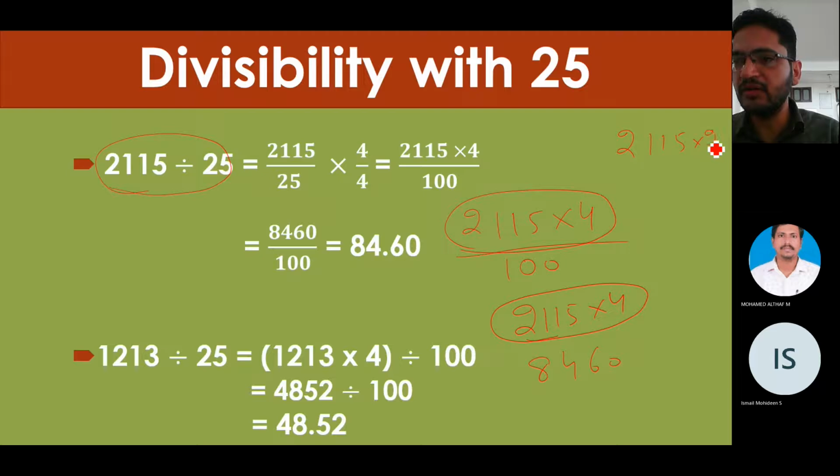For 2115, first I will multiply this number by 2, I will get 4230. Again I will multiply this number by 2, it is 8460. Now I will divide this number by 100, so the answer is 84.60.